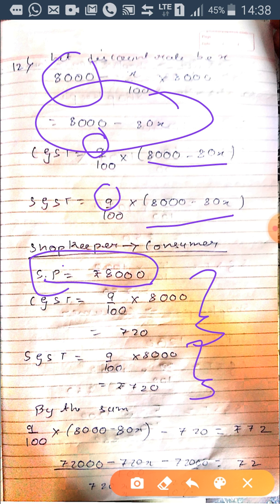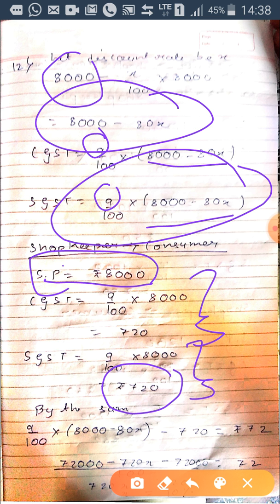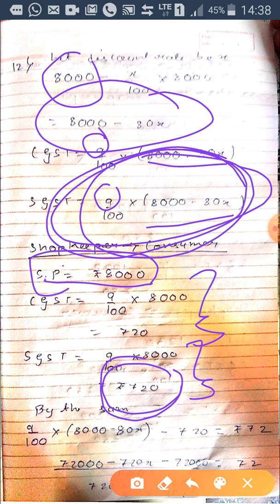So now we have the SGST which the shopkeeper had paid, 9 by 100 into 8000 minus 80x. The SGST which the consumer pays is 720. So the shopkeeper is paying this one and the shopkeeper is getting back this one.